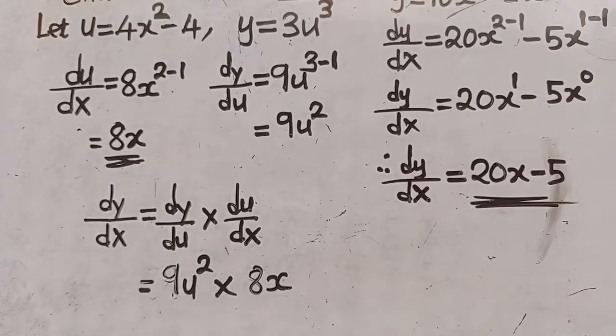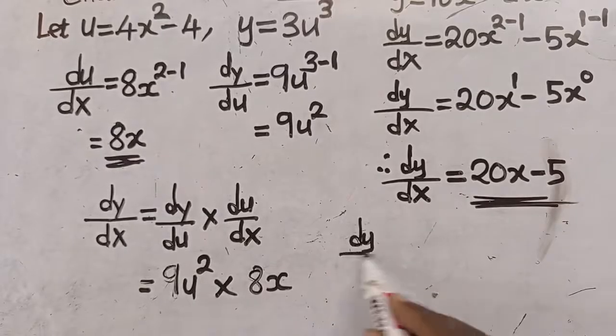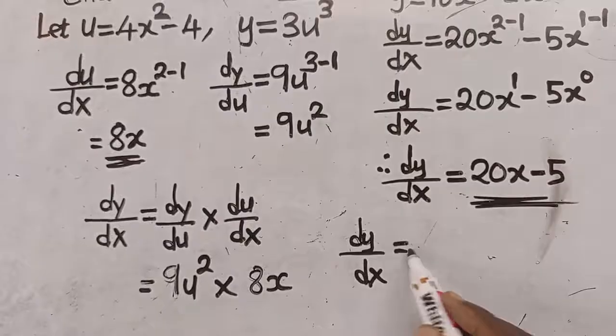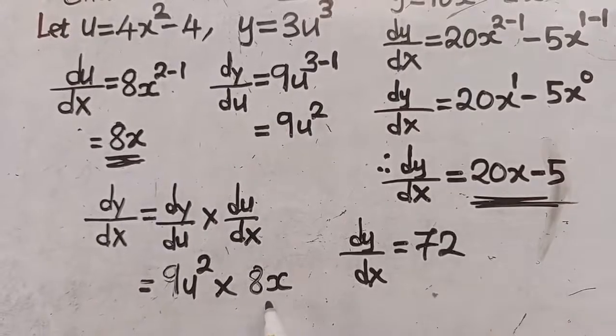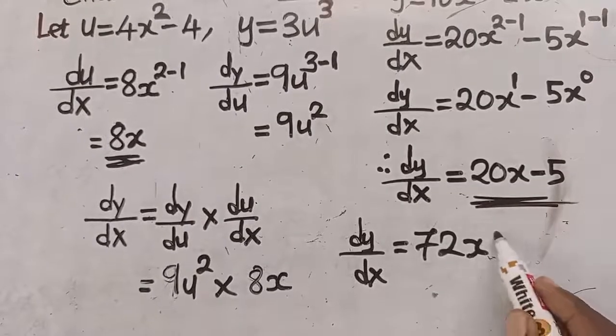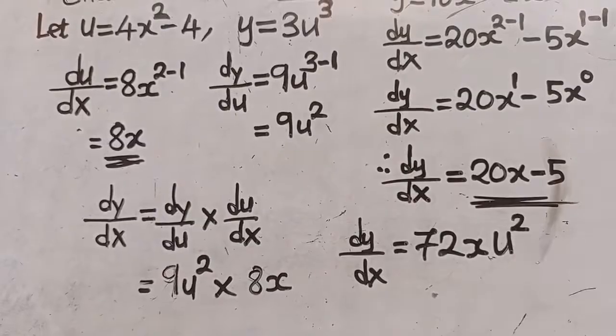So after getting that 72 now, you say, okay, the answer here, when you are going to have dy/dx is equal to 72, then there is x here, then u, then squared, isn't it? This is what we are going to have.